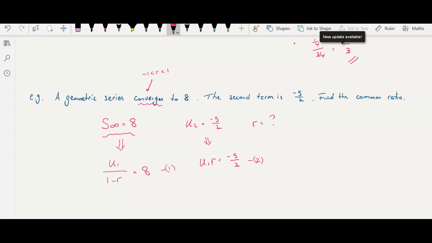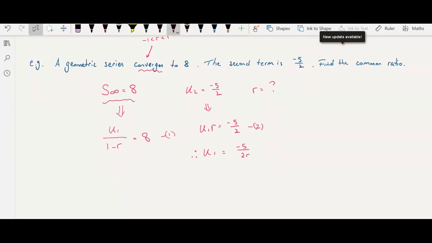From equation 2, u1 is equal to -5/2r, and that can be my equation 3. Then I will substitute 3 into equation 1, so that I get -5/2r instead of my u1.